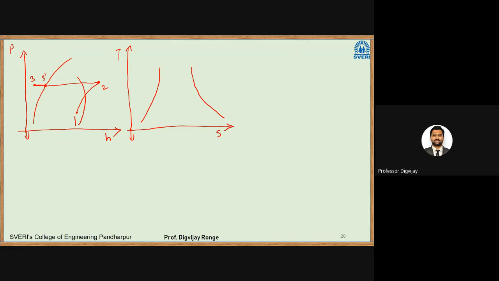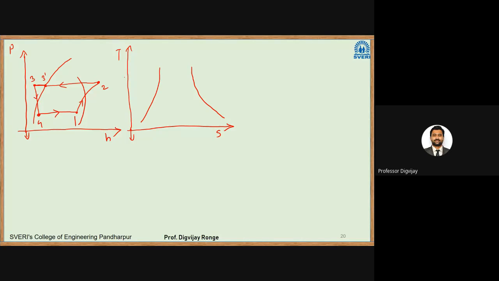Now we have constant enthalpy expansion, so again this will follow this. Let this be 4. Sorry, this is an isenthalpic process, so this will be a straight line from 3 to 4, and then it will join to 1. So 4 to 1 is evaporation, 1 to 2 compression, 2 to 3 constant pressure heat rejection, and 3 to 4 expansion.